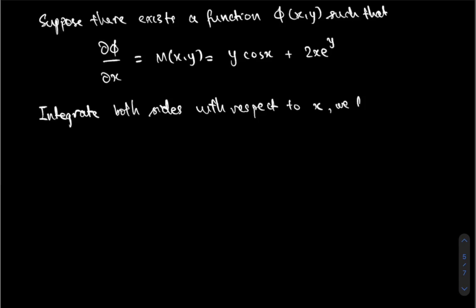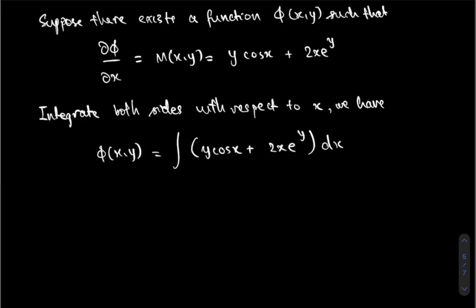to x. We have phi of x, y equal to the integral of y times cosine of x plus 2x e to the y dx. We see that y times cosine of x plus 2x times e to the y is a function of two variables, but we integrate the function with respect to x, therefore y in this case is constant.